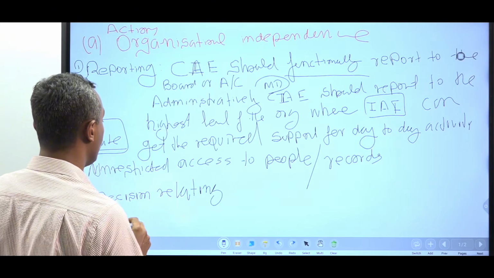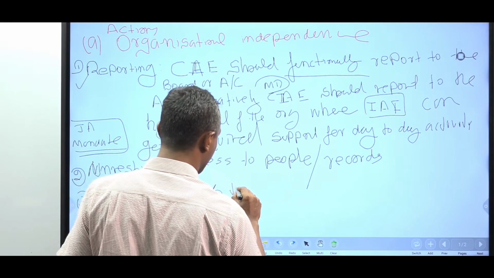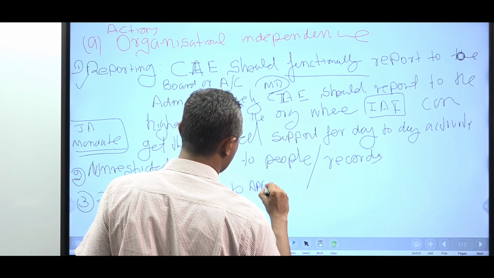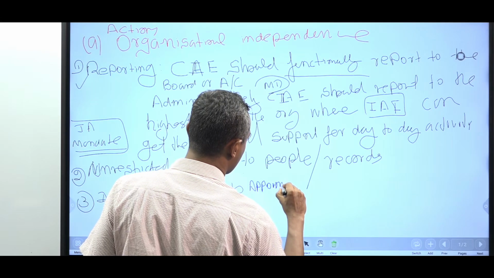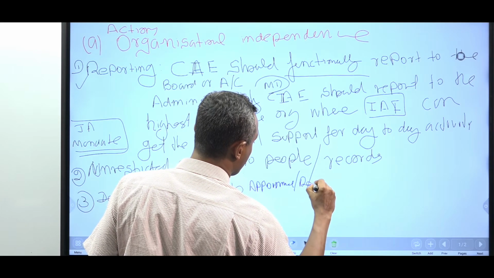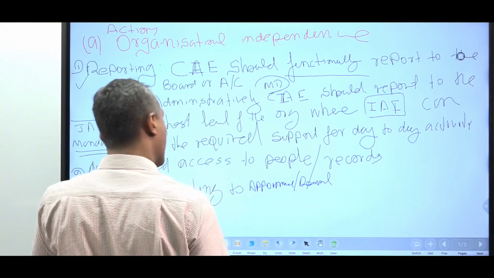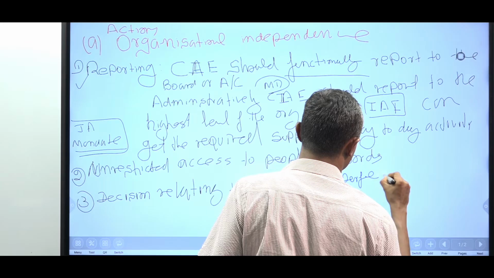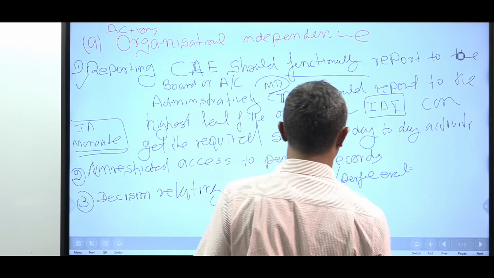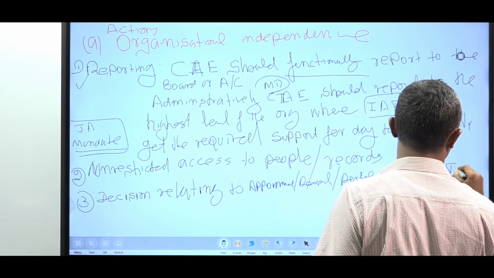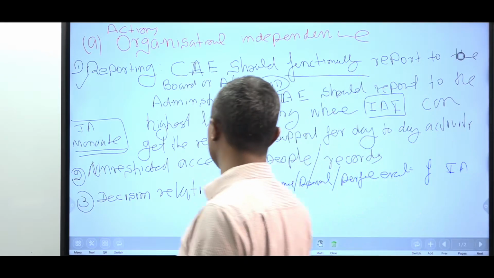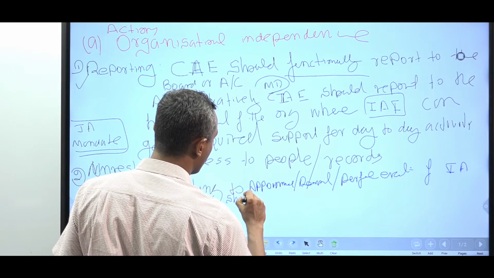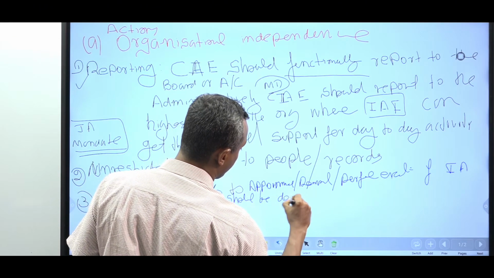So specifically, decisions relating to what? Appointment, removal, performance evaluation of internal audit should be decided by the board or the audit committee.